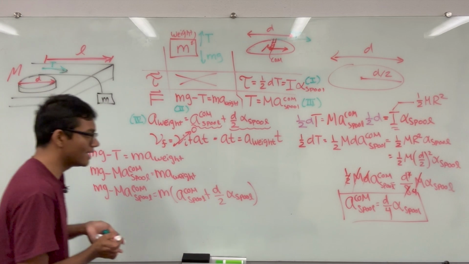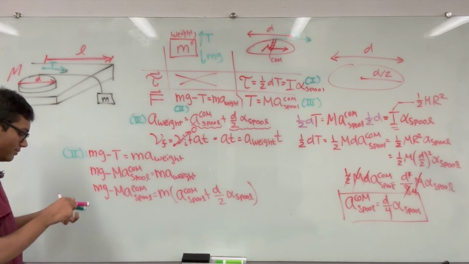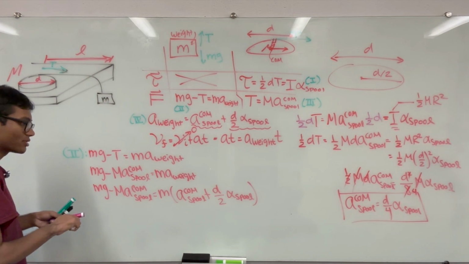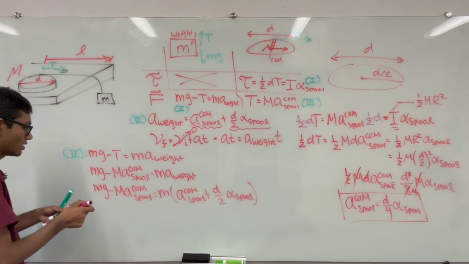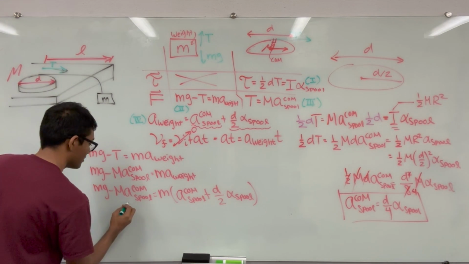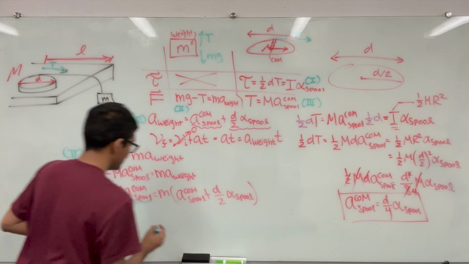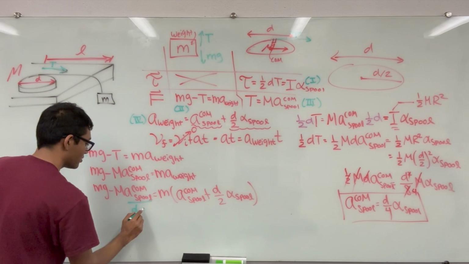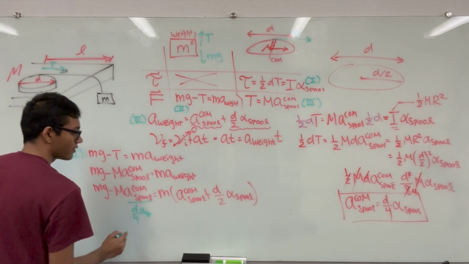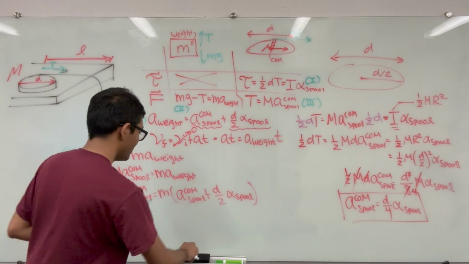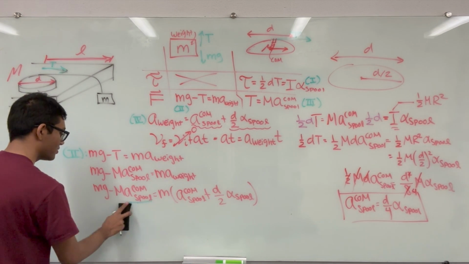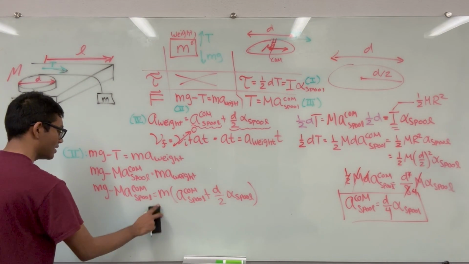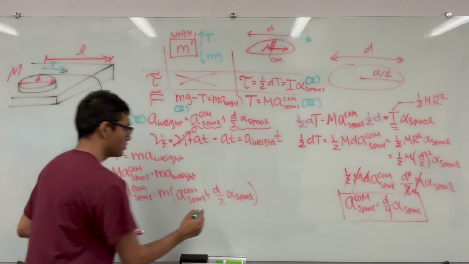What I'm going to do is replace this acceleration of the center of mass with what we just calculated, d divided by 4 times the angular acceleration of the spool. Or actually, it might be easier to first calculate the other one first, because that'll be way easier. Then I don't have to substitute for two things.